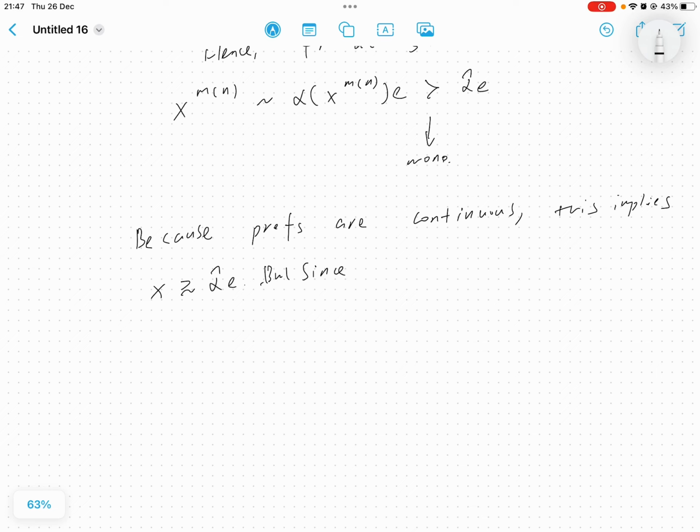But since x itself is indifferent to alpha e, right? They're on the same indifference curve. So we get altogether that alpha e is weakly preferred to alpha prime e, and that is exactly the contradiction with the above statement, right?